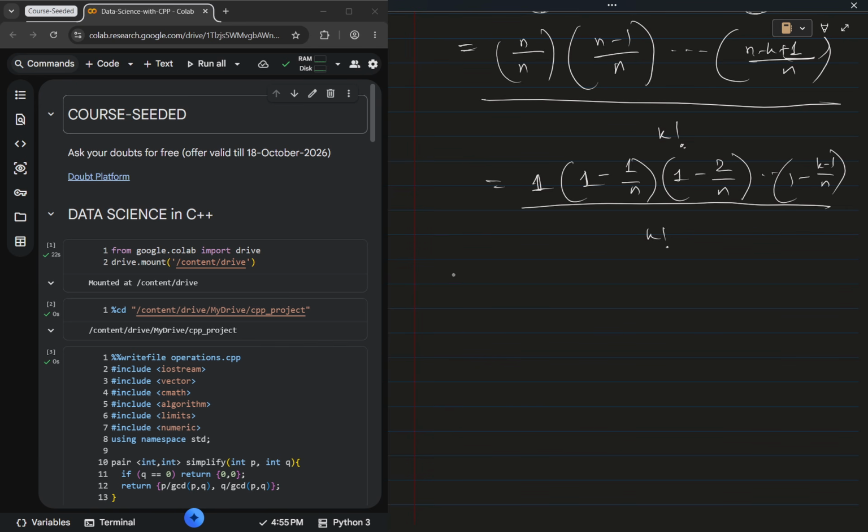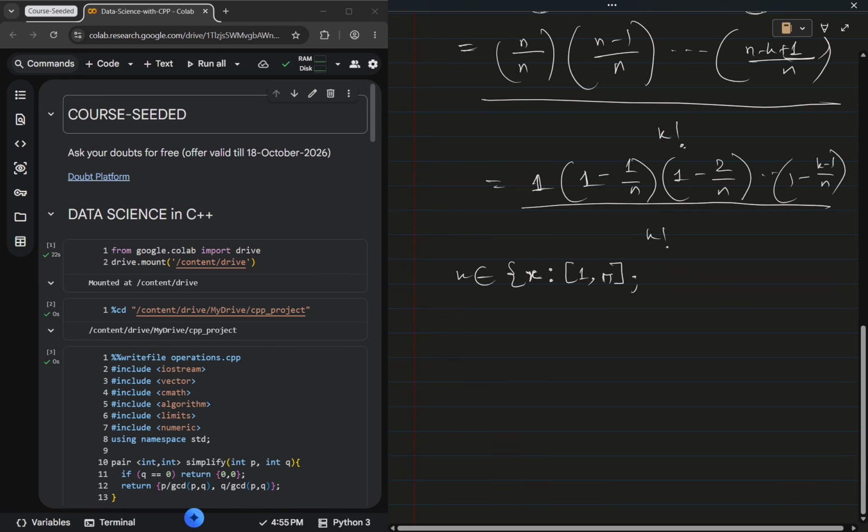So you know that k goes from 1 to n, or you can say k belongs to a set x, which is basically 1 to n, where x belongs to natural numbers.